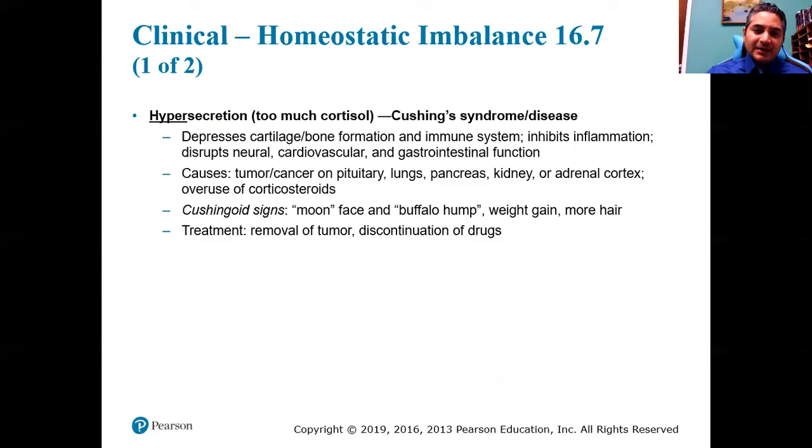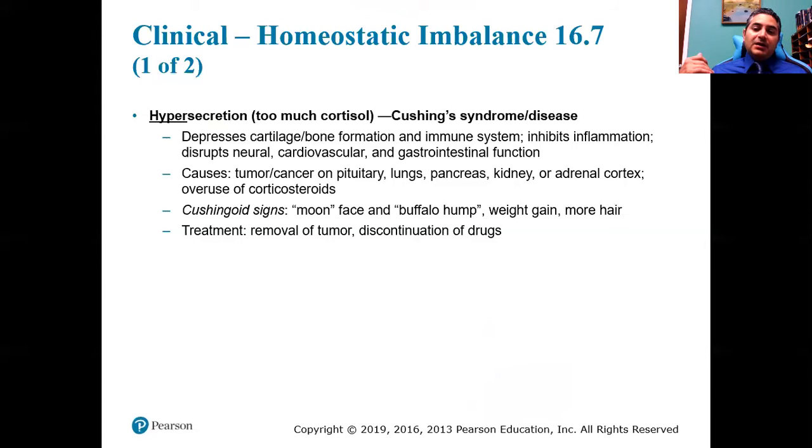Now, let's look at a clinical example here. The hypersecretion. Again, hyper, lots of, most likely tumor, cancer of something, right? Somewhere. So we're talking about cortisol. So, hey, pituitary, even lungs, pancreas, right? Kidney, adrenal cortex.